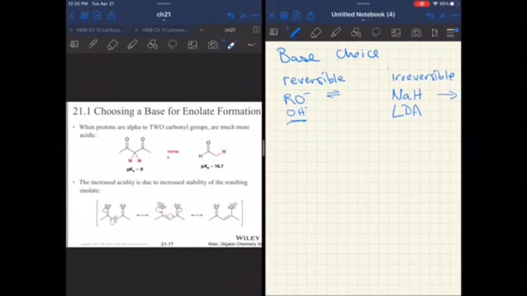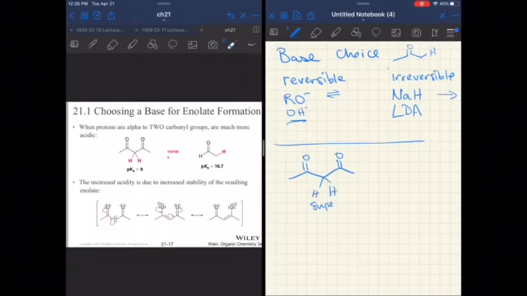This is primarily what we're talking about here, an alpha proton to some sort of carbonyl. There are special cases, there's always special cases, right? Where you have an even more acidic proton. Let's not call them super acidic. These are more acidic than the alpha protons that we showed up here. And it's because there's double resonance, right?